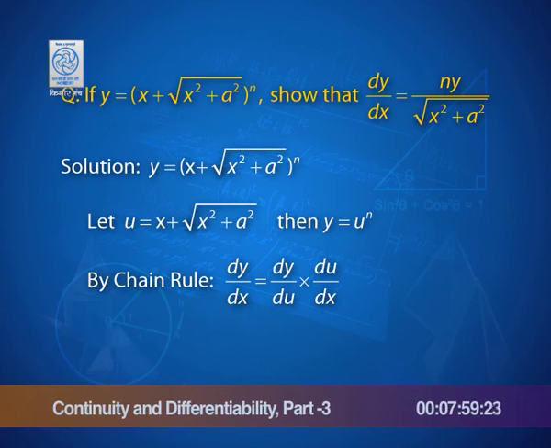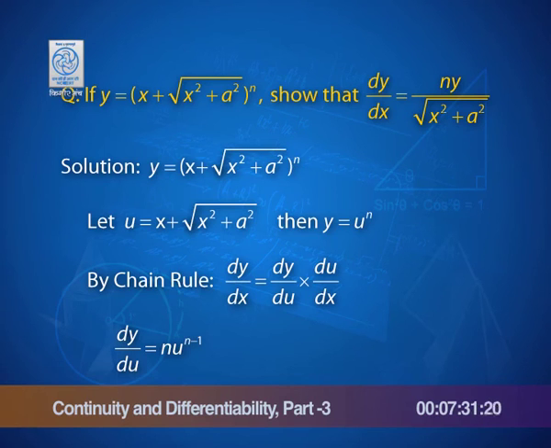Now, derivative of y with respect to u is nothing but n u to the power n minus 1. It is the derivative of u that needs more work. So, again going back to our function u, which is of course x plus root x square plus a square, the derivative of y with respect to u simplifies to be this expression.